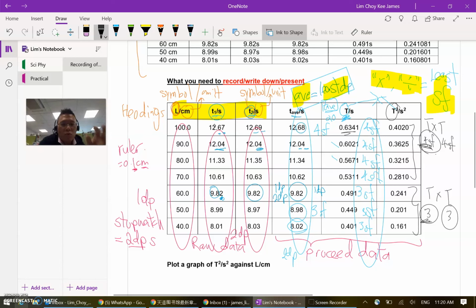So students, for process data, you have to know what SF you are supposed to present your data in, and this involves a bit of manipulation or analyzing. Before you go ahead and record all your data in your table standardized to 3SF, please do not do this. Before you do this, please look at this video again and again to see how we should present our data.